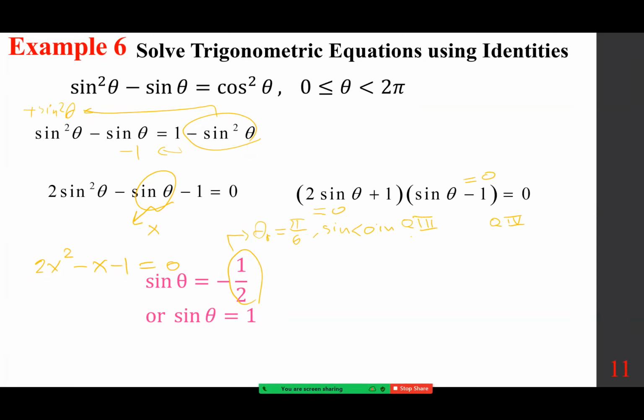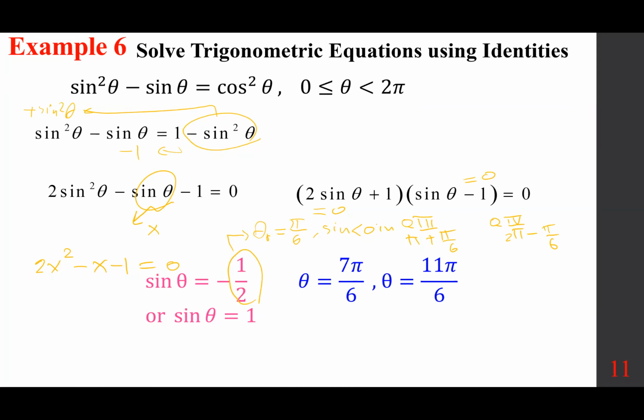For quadrant 3, we say pi plus pi over 6. For quadrant 4, we say 2 pi minus pi over 6, and we get 7 pi over 6 and 11 pi over 6. Again, I'm showing you how to find that with details. And of course, sine theta equals 1, the answer is pi over 2.